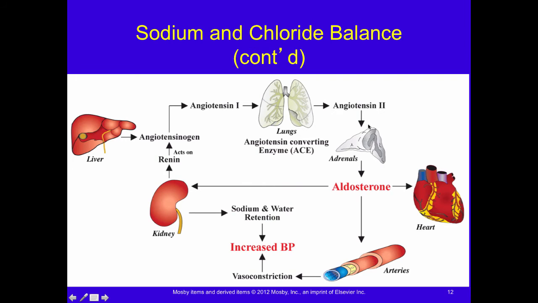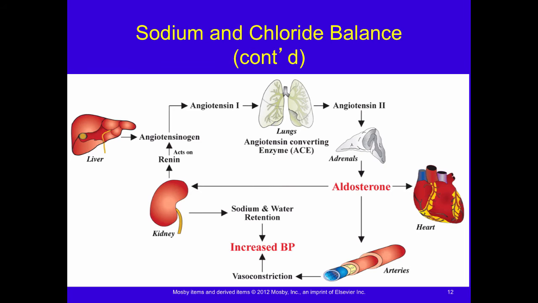If this system is triggered prematurely or erroneously, you're going to have this problem, which could potentially throw your electrolytes off and also increase your blood pressure for no good reason. So again, you just need to know that the RAAS system is involved in electrolyte balance and in water, and how much water your body has.